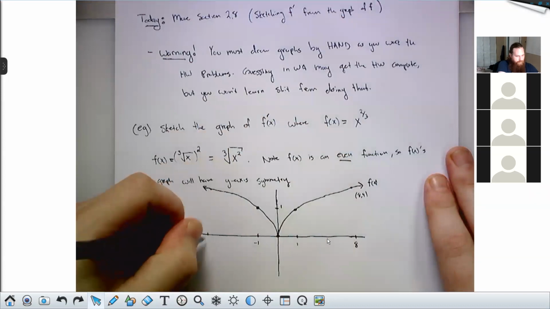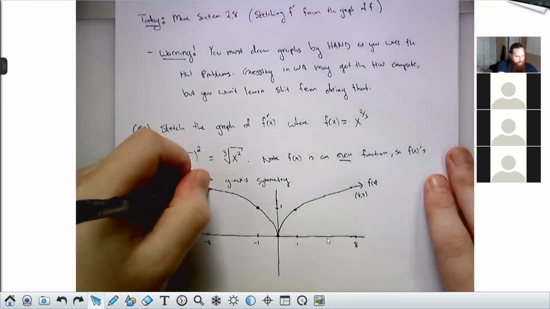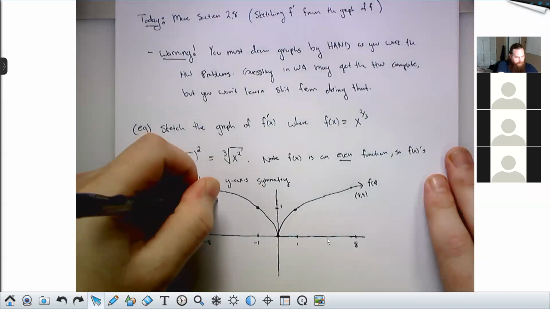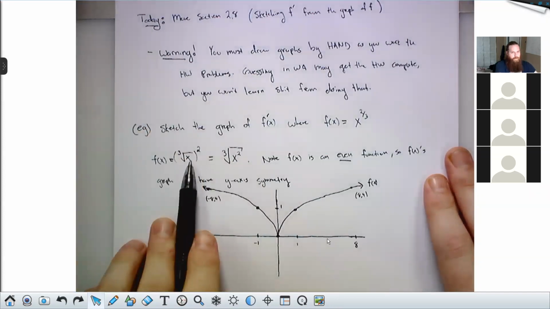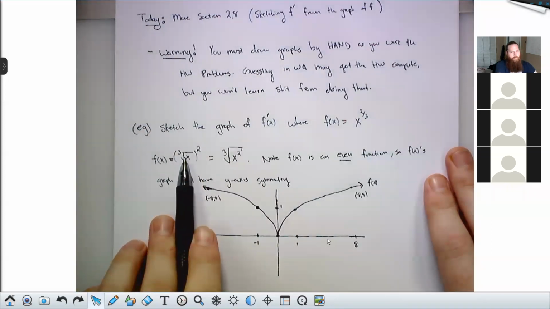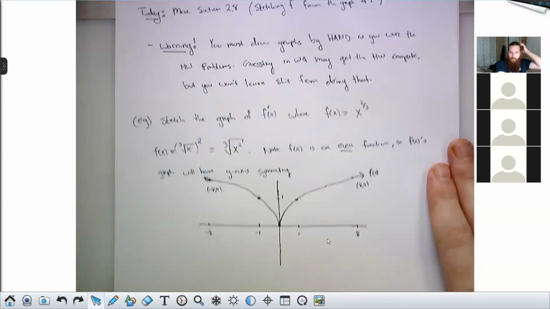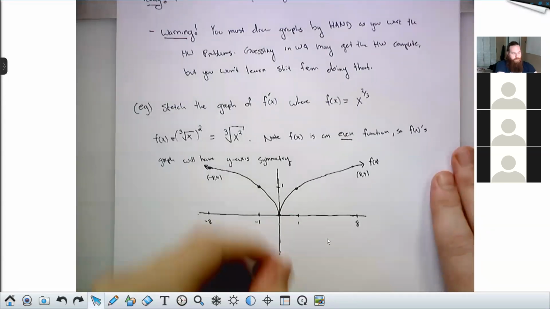And -8, 4. I get that by plugging 8 in here. The cube root of 8 is 2, 2 squared is 4. So this is a good graph of the original function f.